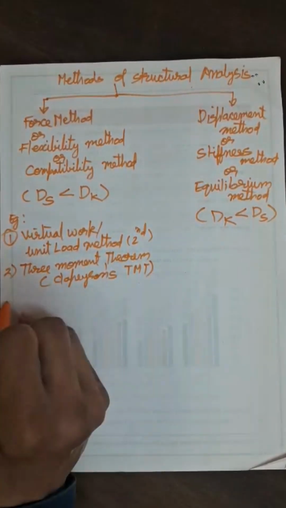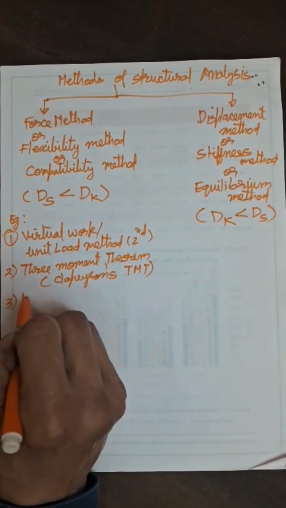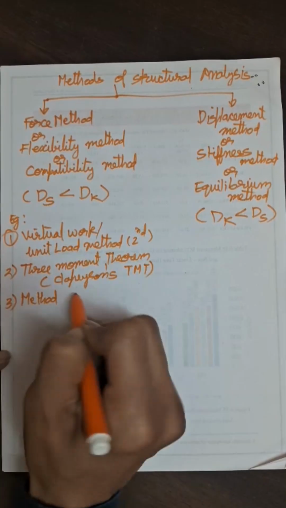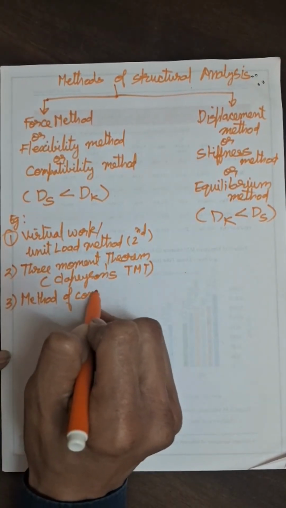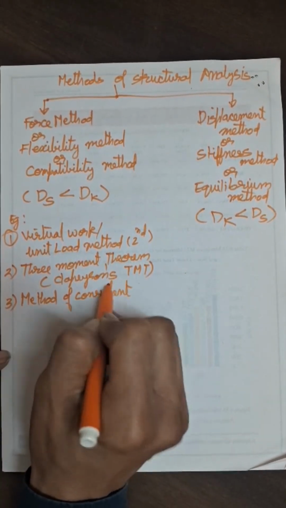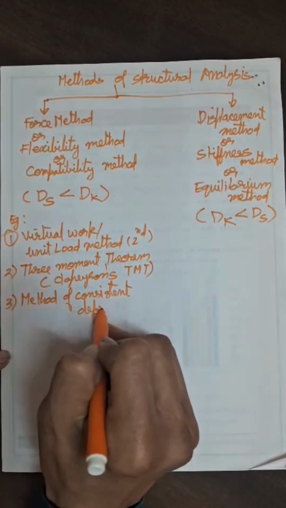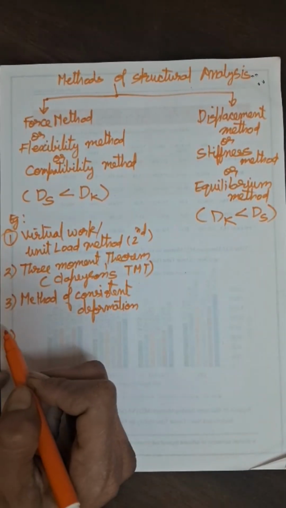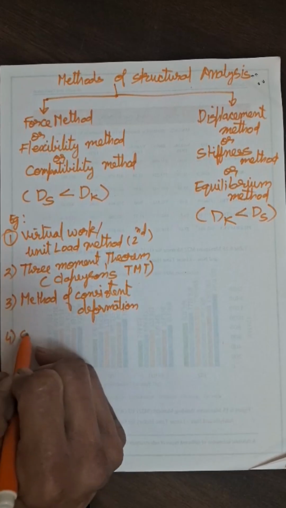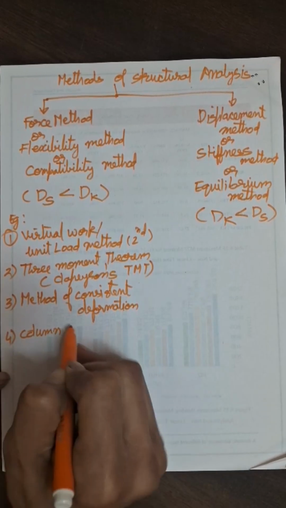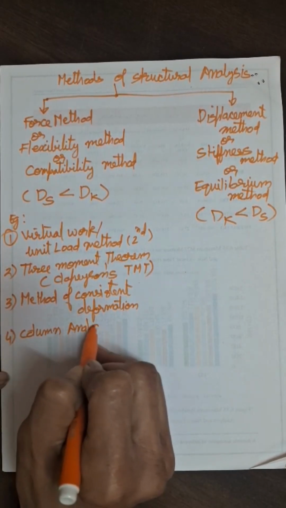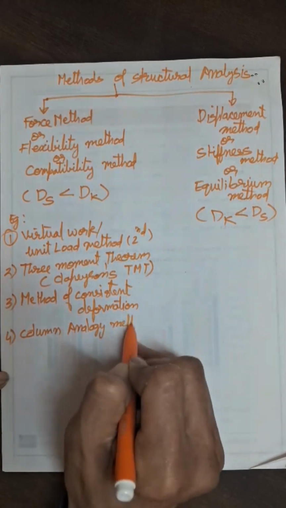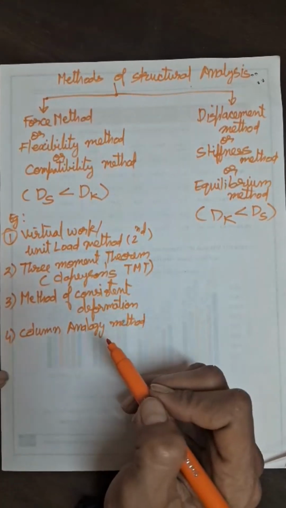Okay, then another is method of consistent deformation. Then column analogy method. So there are a lot of methods under force method.